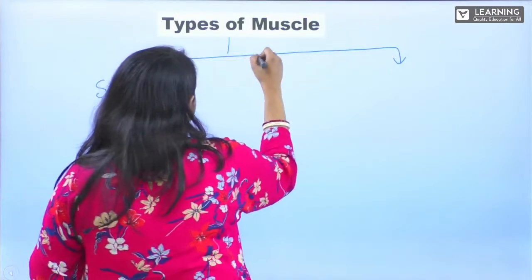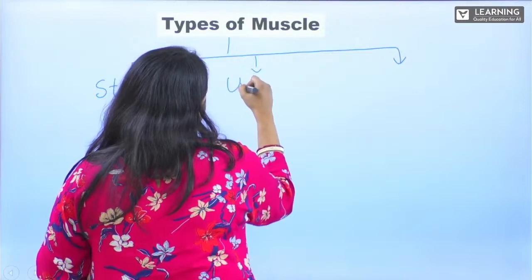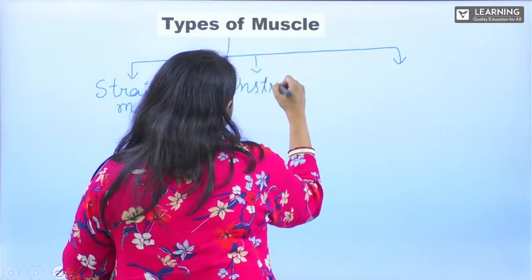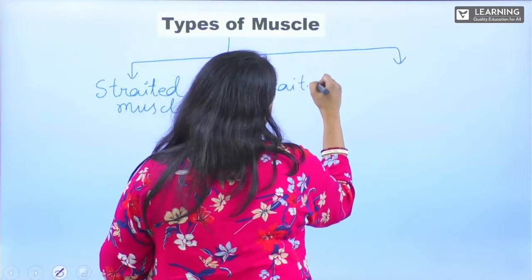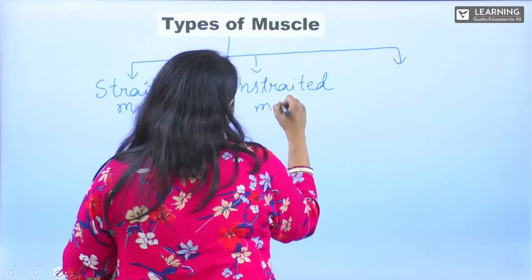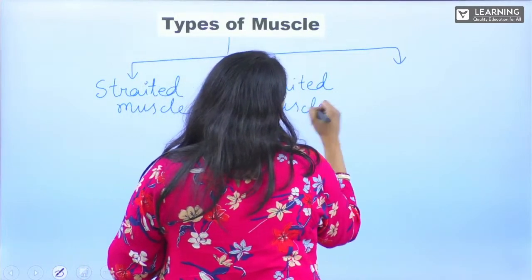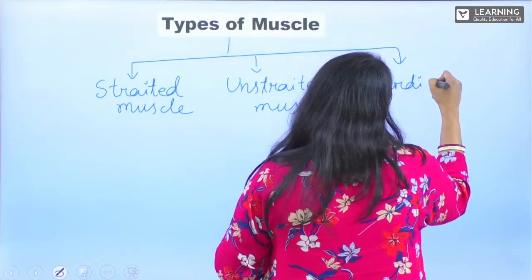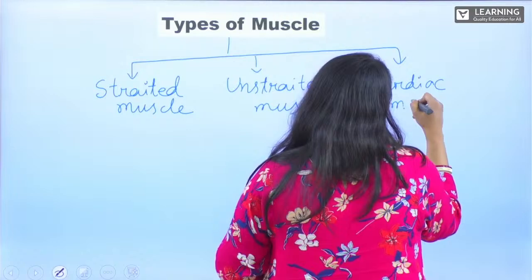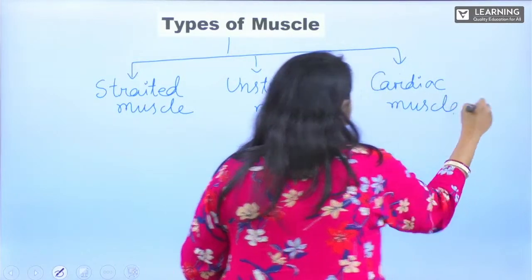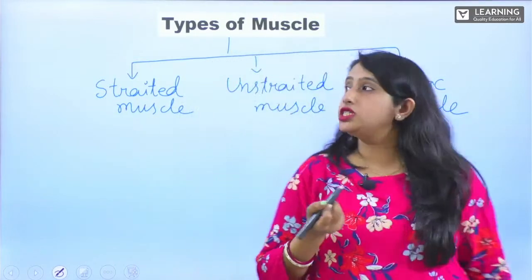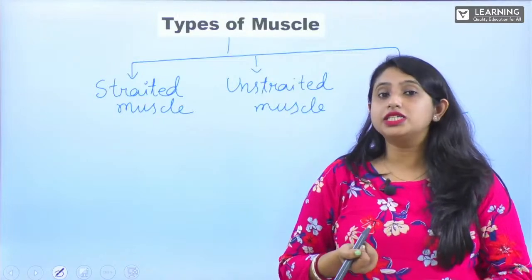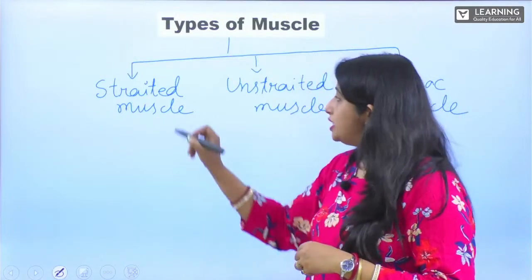The second one is unstriated muscle. The third one is cardiac muscle. So in our body there are different types of muscles, and these muscles are located at different places.